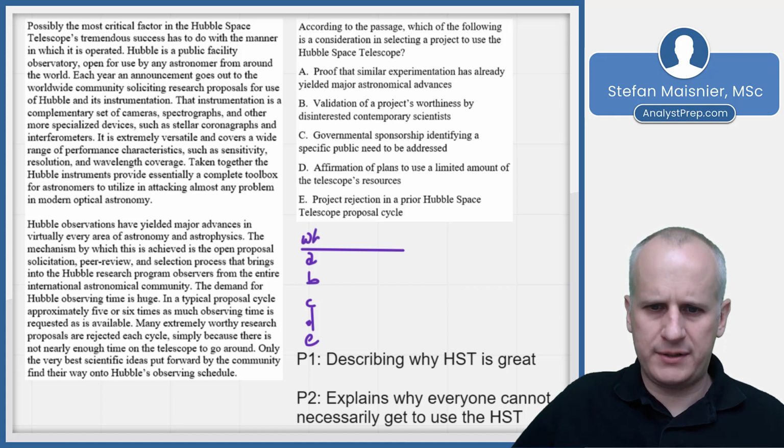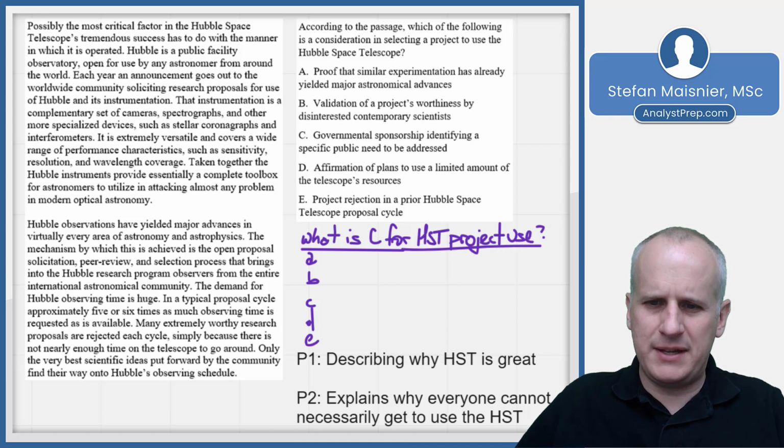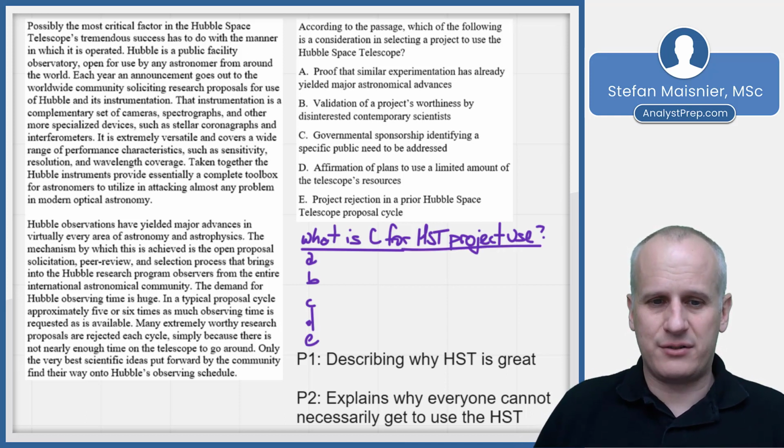So what is C for HST project use? So I just rephrased that for myself and I'm like, okay, I know what C means. It's a consideration. And I know all of this is in our answers, is in our second paragraph because we're talking about why everyone can't necessarily use it. So that's going to be our second paragraph.